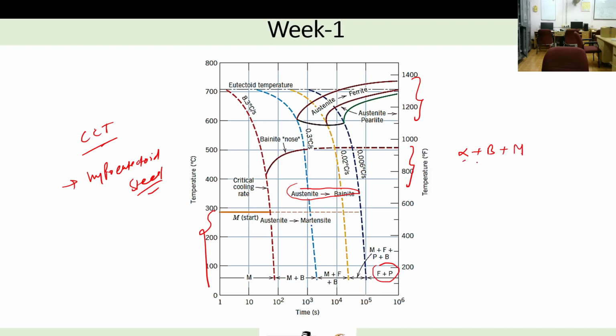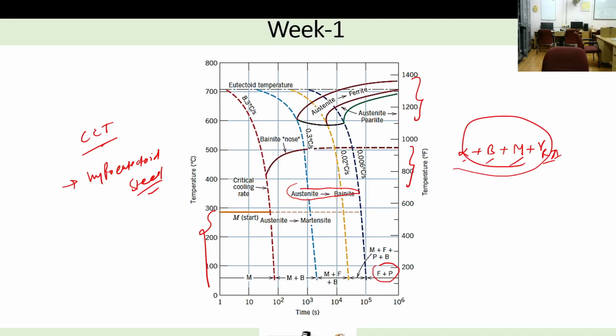So you got ferrite, bainite, and martensite, and when you come down to room temperature, there may be a little bit of retained austenite. Martensite, ferrite, bainite, and pearlite also can form if you just cross this region, and if you avoid it, pearlite will not form. So such a complex microstructure you can generate, right?